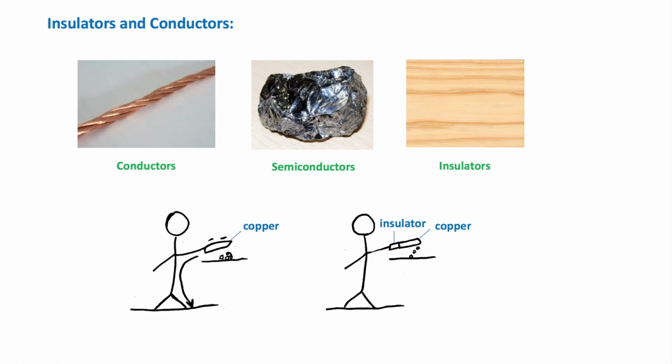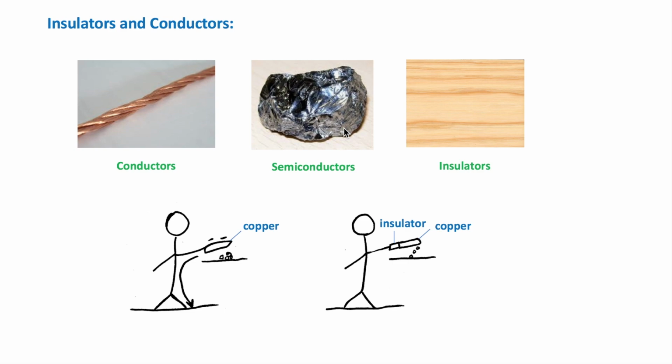The third class of materials classified in terms of electric conduction are semiconductors. The electric conduction in a semiconductor lies somewhere between a conductor and an insulator. The charges in a semiconductor can move relatively freely, but way fewer charges move in a semiconductor than in a conductor.